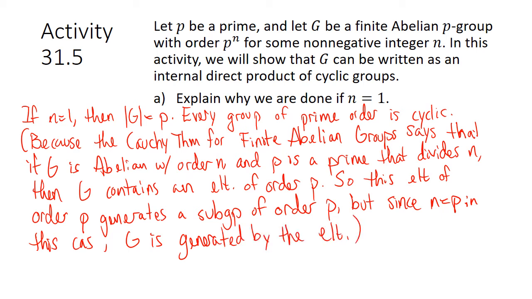I hope that argument makes sense to you. So we're trying to show that G can be written as the internal direct product of cyclic groups, and so if n equals 1, then G itself is cyclic, so it's just a product of one cyclic group. So in this case, we'll be done.